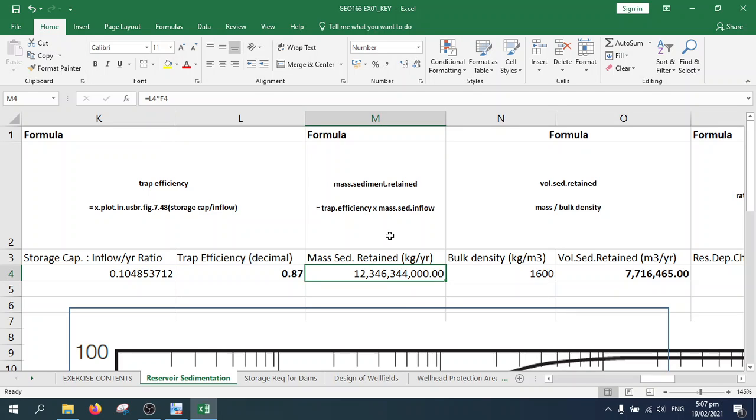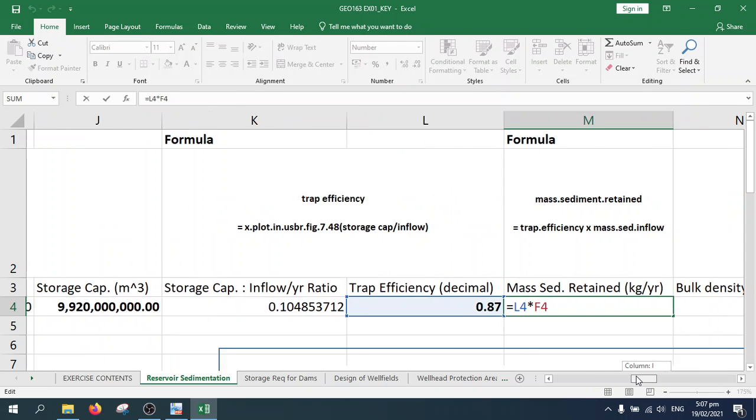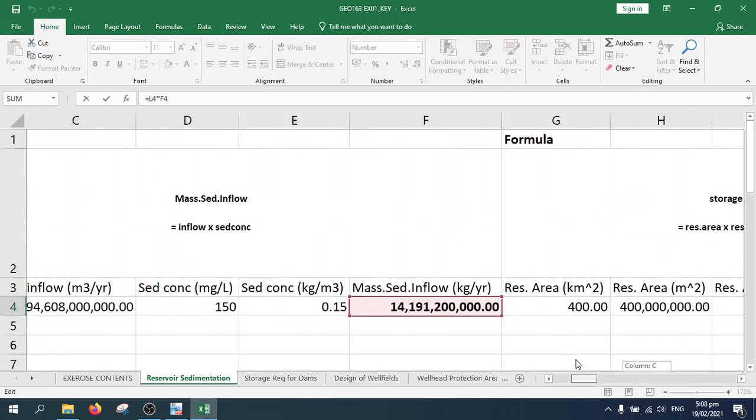Right? Now, let's move on to the mass of sediment that is being retained or accumulated in the reservoir dam. So this is just equal to your trap efficiency times the mass of your sediment inflow. As you will remember earlier, we calculated the mass of sediment inflow per year.